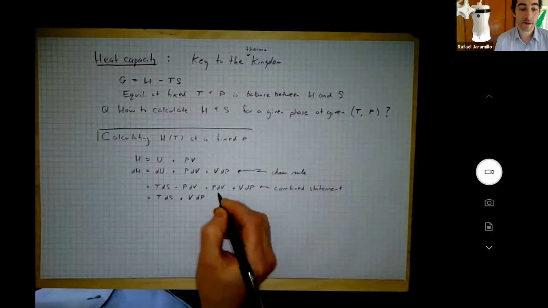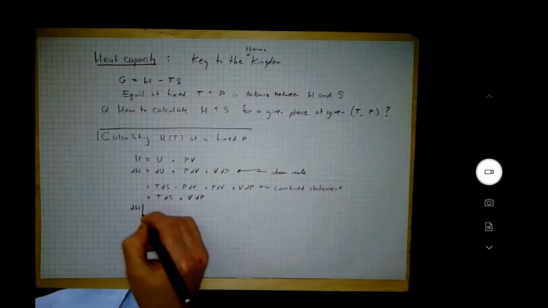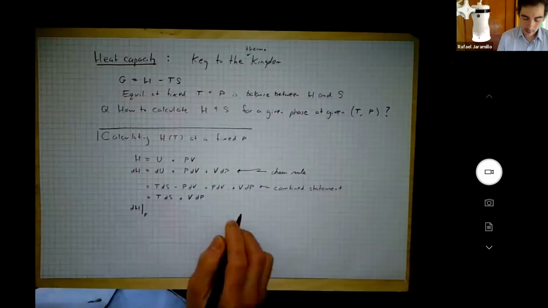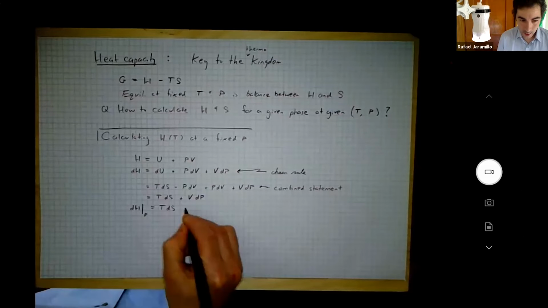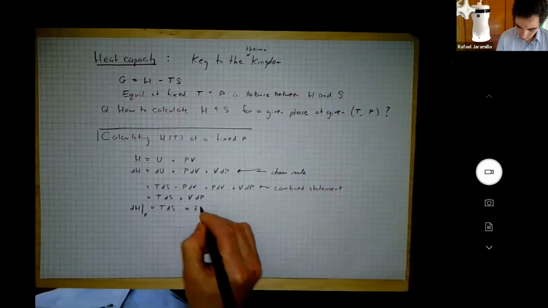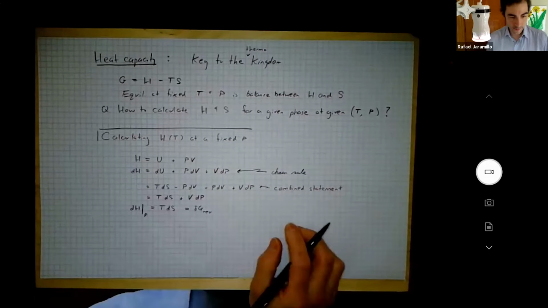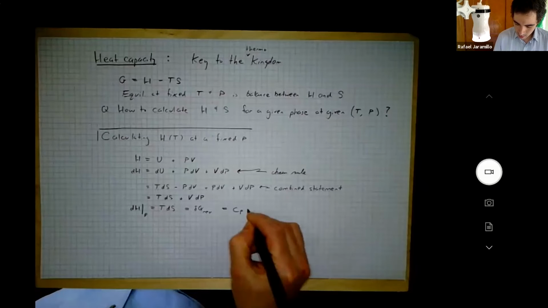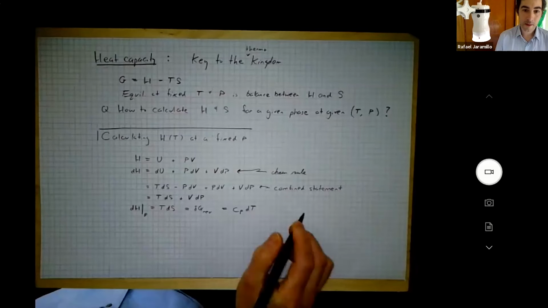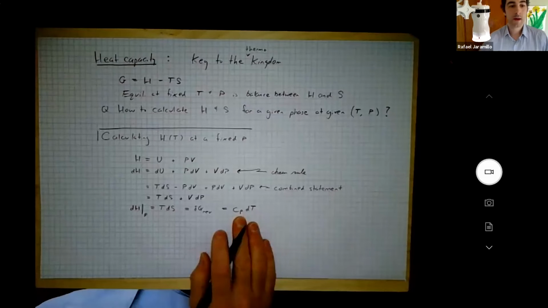You did something like this on the P set, so this should be familiar. So combining this, dH at fixed P equals T dS equals dQ reversible, right? That's why the enthalpy was often called the heat. And of course, we know this equals Cp dT. So the change in enthalpy is calculated by the heat capacity.